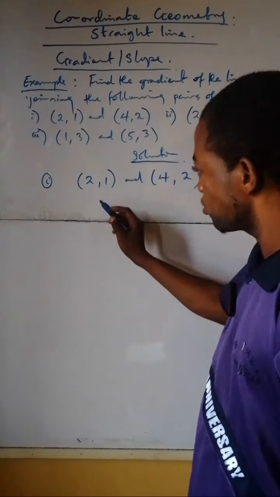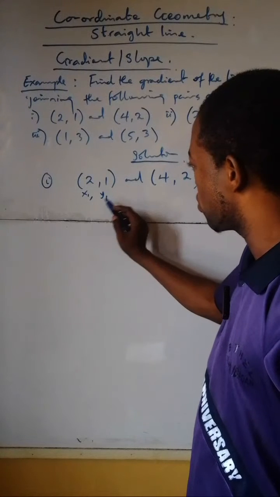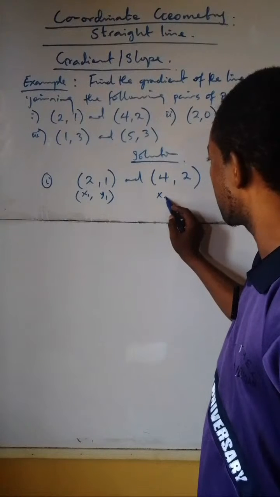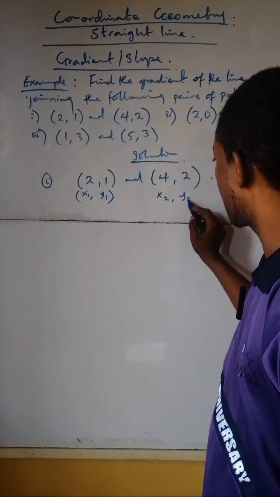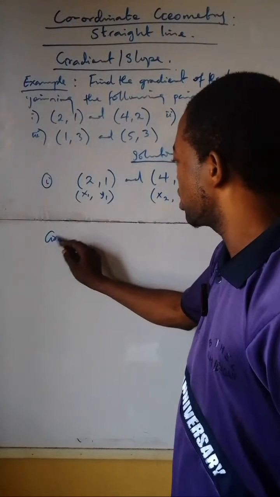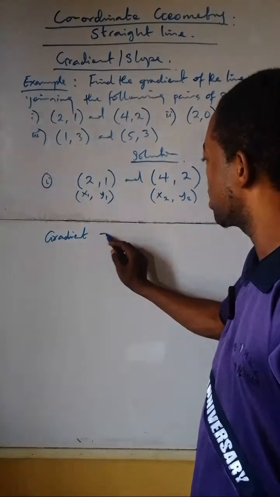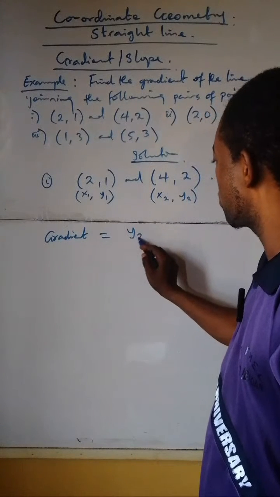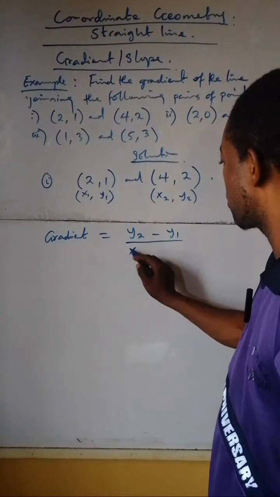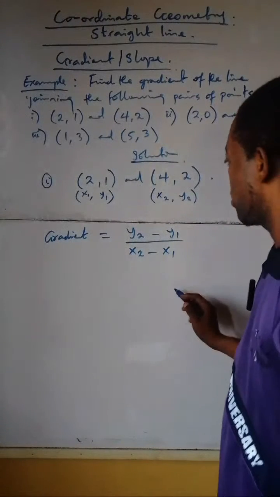And here, we can say this is x1, y1, the first point, and here we have x2, y2, that's the second point. Then the gradient we are finding has a formula, and the formula for gradient is given as y2 minus y1 over x2 minus x1.